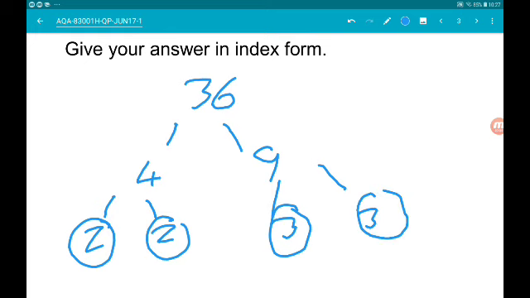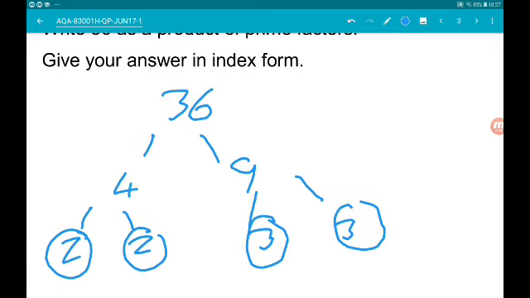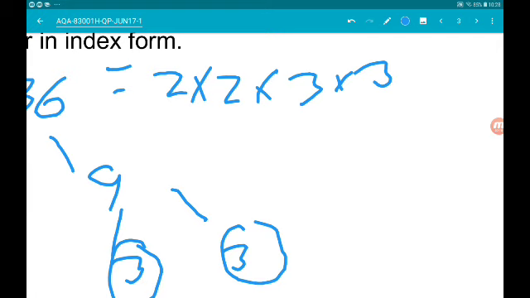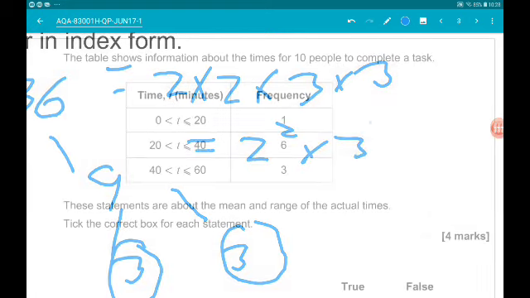Circle those. 36 then is 2 times 2 times 3 times 3. Now they want the answer in index form, which means to sharpen this up and use powers. So we get 2 squared times 3 squared.